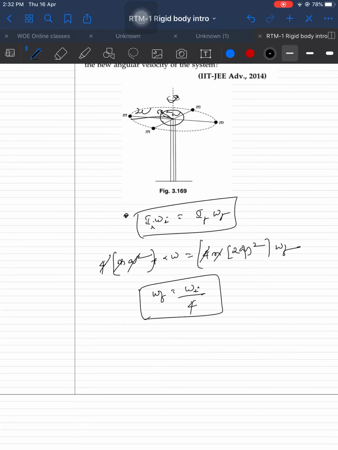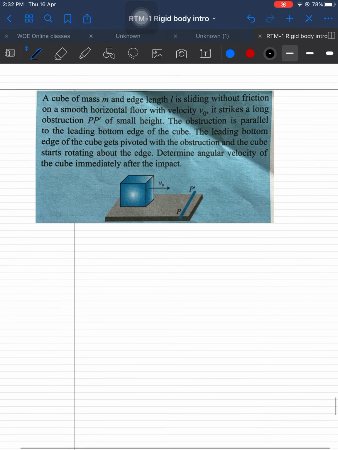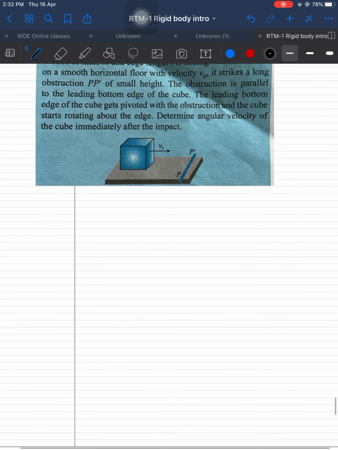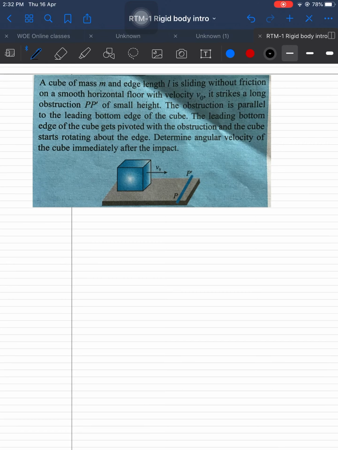That's all. Okay, this is the last one. Just see this last one, I will tell you how to do it. This is a cube of mass m, edge length L everywhere, moving with velocity v0. It gets stuck at a rigid support.